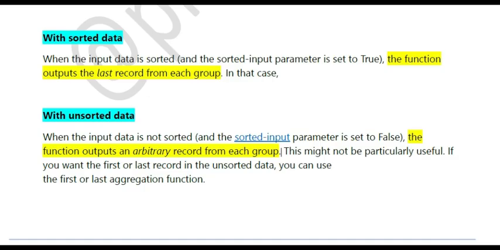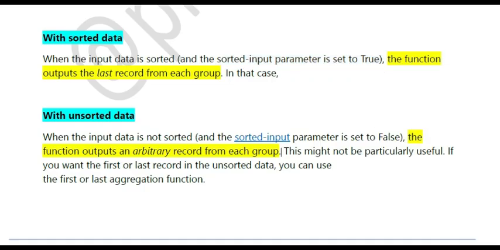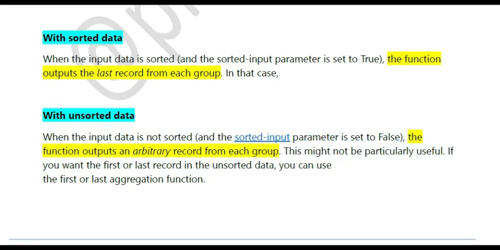So make sure that if you have set the sorted input parameter to true, then all your input records must be sorted based on your key. If the sorted input parameter is false, then it doesn't care whether your input records are coming sorted or unsorted. Then what will happen is that the max-core parameter will be enabled and records will be stored there.